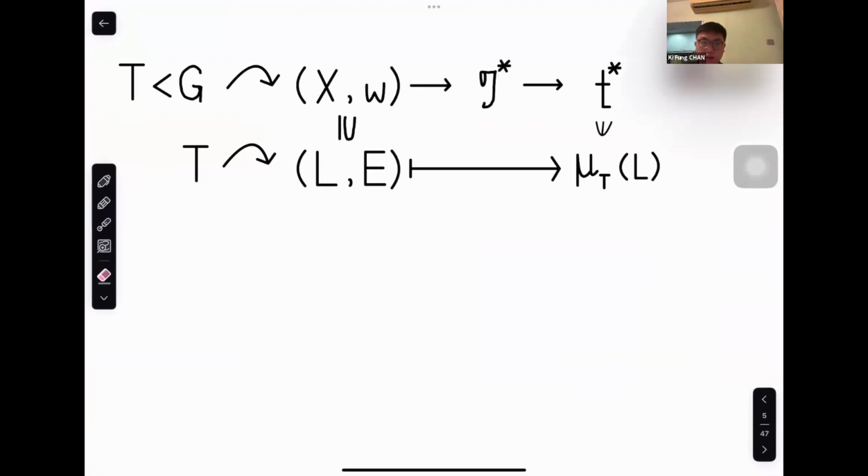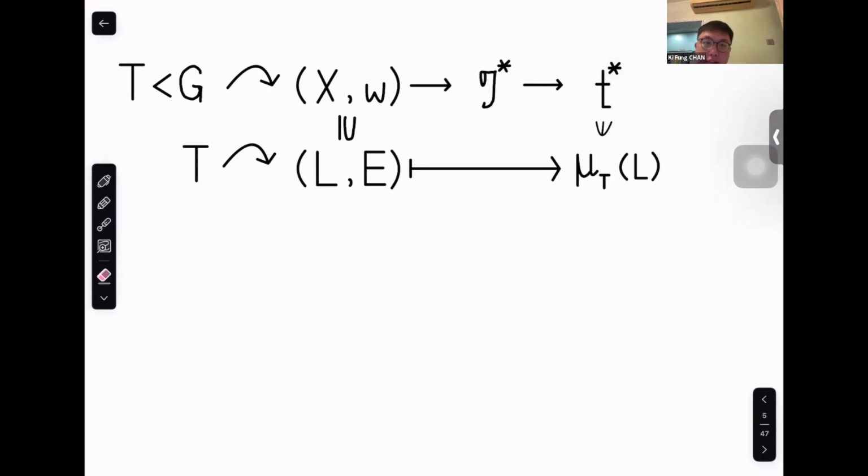So let L be a Lagrangian brane, (L, E) be a Lagrangian brane, which means that L is a Lagrangian of X, and also E is a unitary flat line bundle on L, such that T is acting on L, which means that L is invariant under the T action.